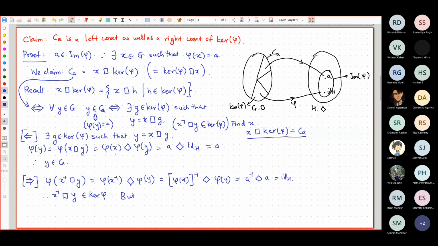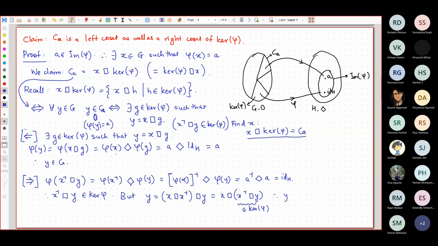But what do we have? y is equal to x square x inverse square y, which by associativity is equal to x square times x inverse square y. So this guy is in the group kernel phi.